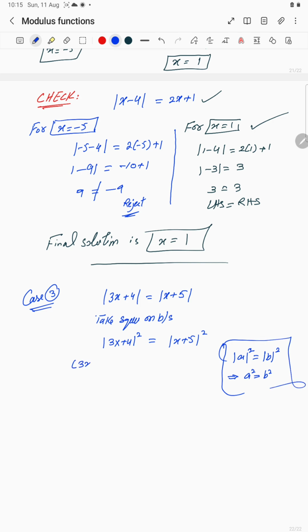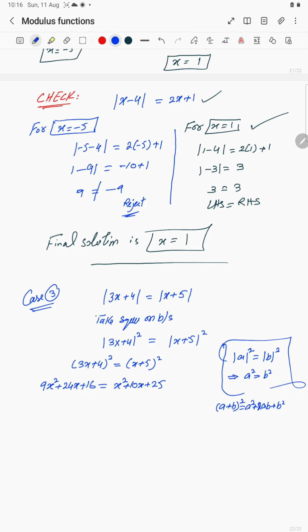So it will be (3x + 4)² = (x + 5)². Now applying the basic identity (a + b)² = a² + 2ab + b², it becomes 9x² + 24x + 16 = x² + 10x + 25.